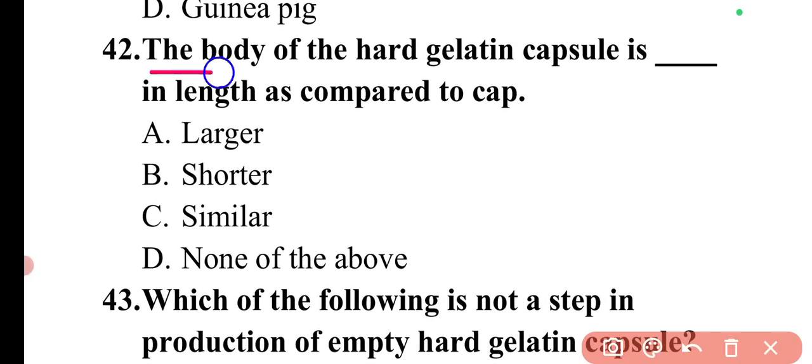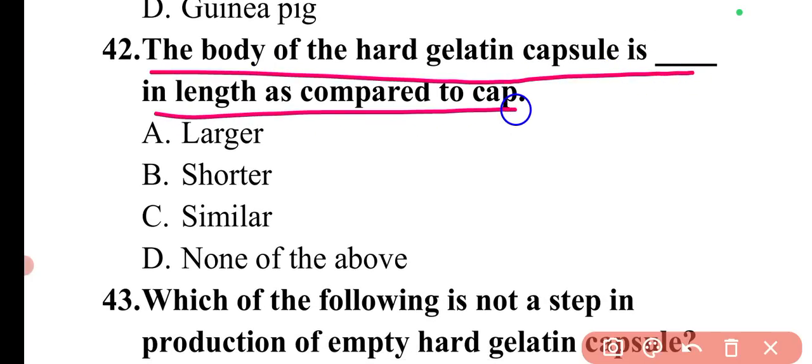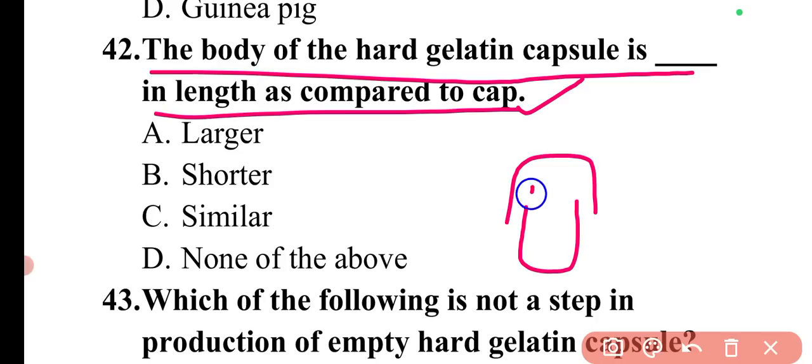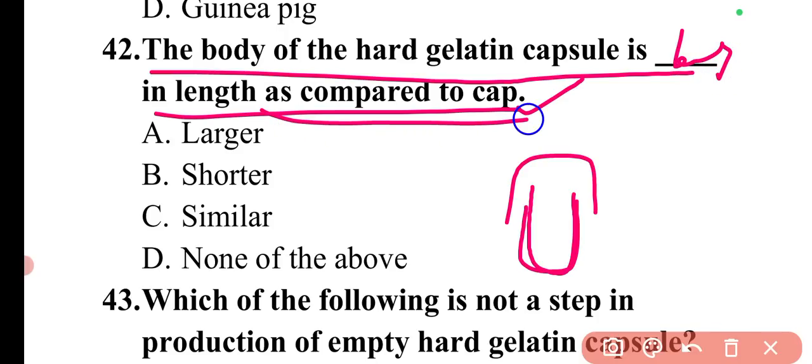Next question is, the body of the hard gelatin capsule is dash in length as compared to cap. So for hard gelatin capsule, there will be a body and there will be a cap. The body of the hard gelatin capsule will be larger in length as compared to cap. This is the cap, this is the body.